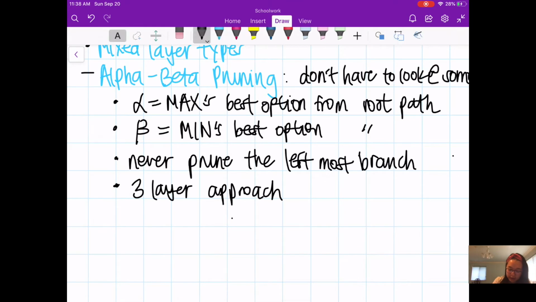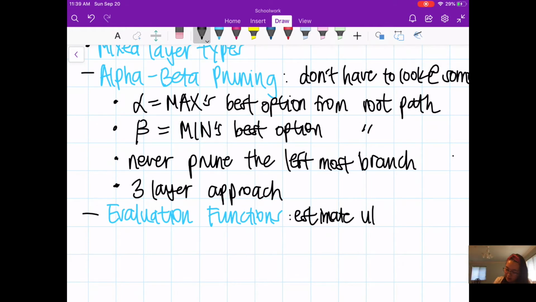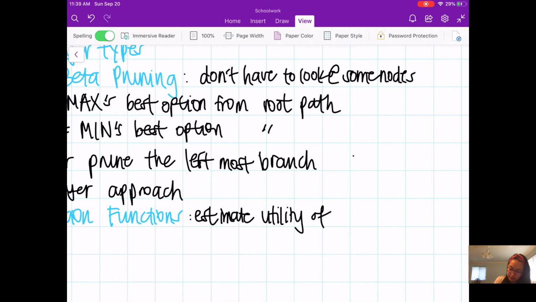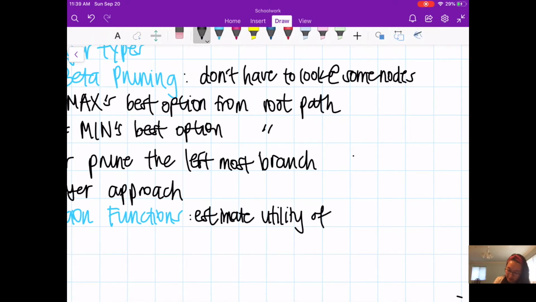But just another quick thing to point out is evaluation functions. And these functions essentially just estimate the utility of non-terminal nodes.